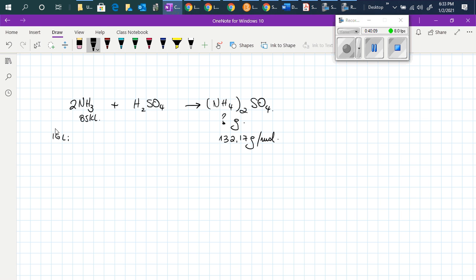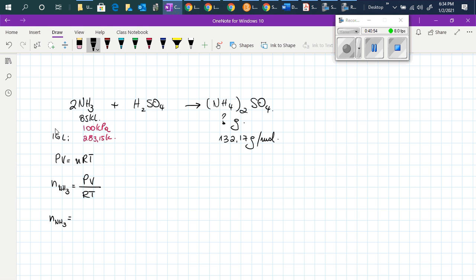Okay, so now we'll use the ideal gas law, which is PV equals nRT. So from here, the moles of ammonia will be PV over RT. In our situation, the pressure is 100 kilopascal and the temperature is 10 degrees Celsius, which means 283.15 Kelvin.